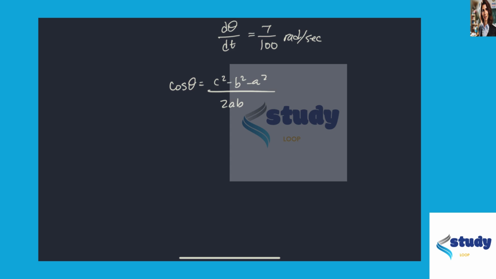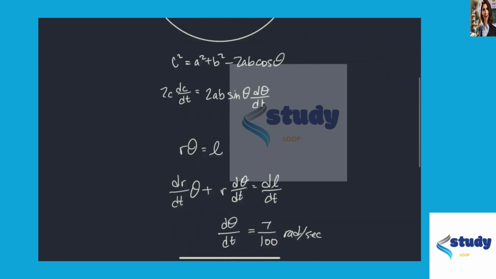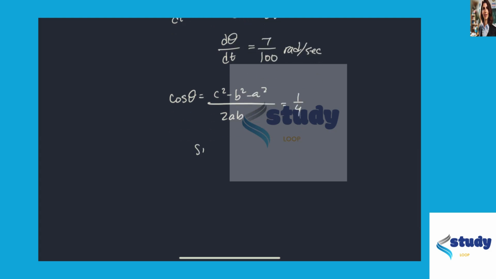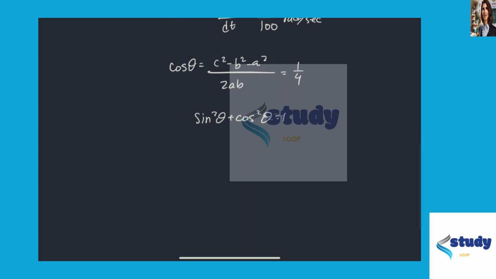And when we plug in the values that we know for a, b, and c, based on our diagram up here, we end up getting that the cosine of theta is 1/4. And then we could solve for theta, or we could use the Pythagorean identity, which tells us that sine squared of theta plus cosine squared of theta is equal to 1. So just solving this way, we get that the sine of theta is equal to root 15 over 4.